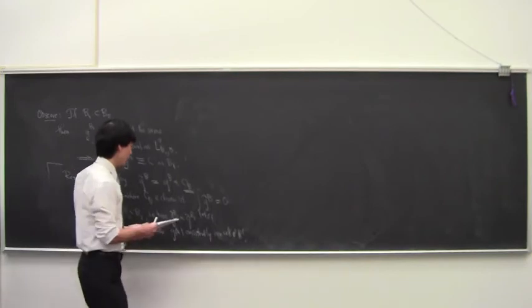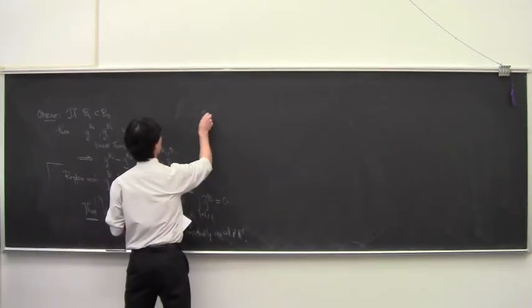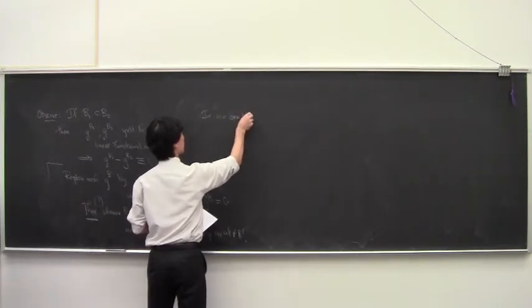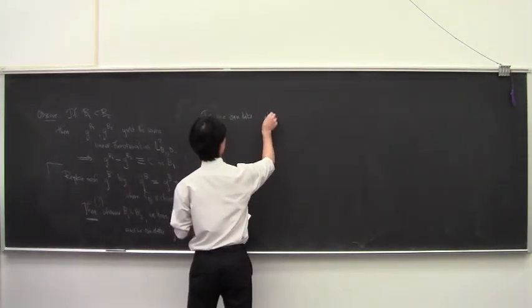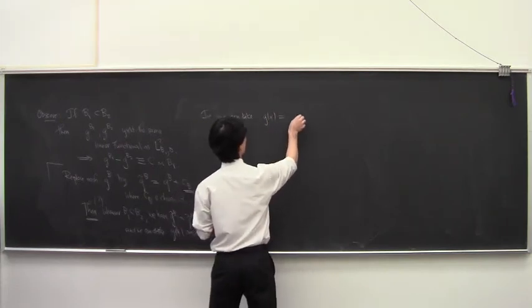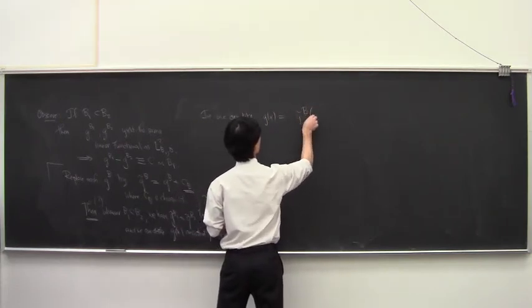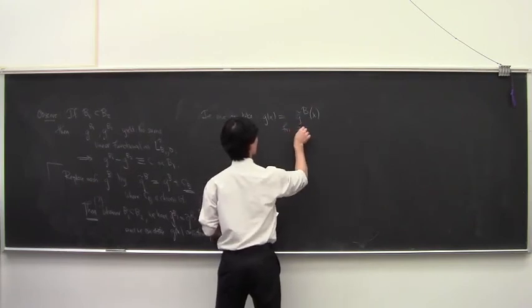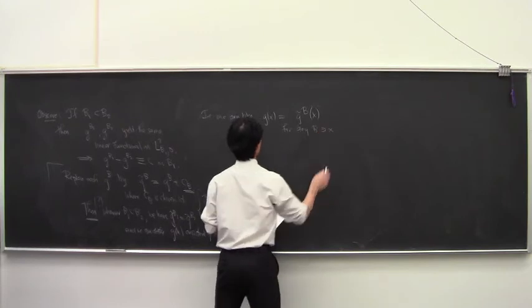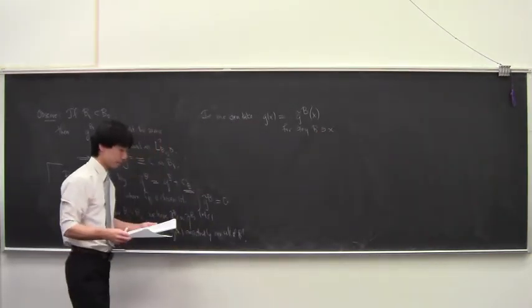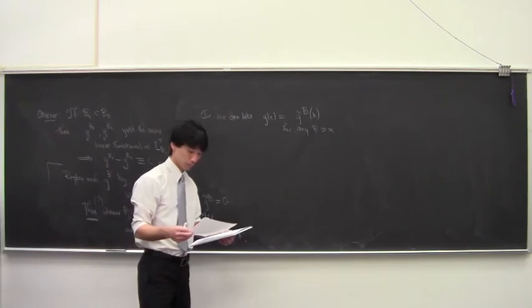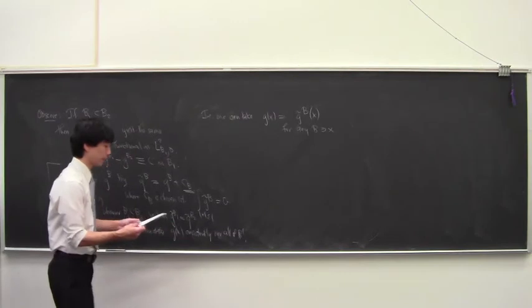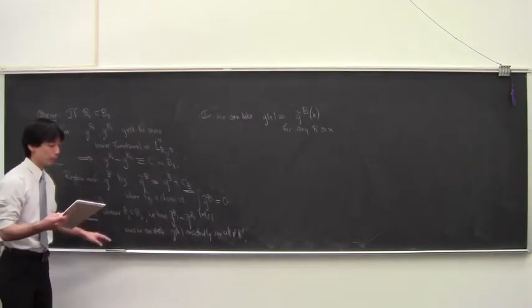So one can take G of x as G twiddle x for any ball containing x.